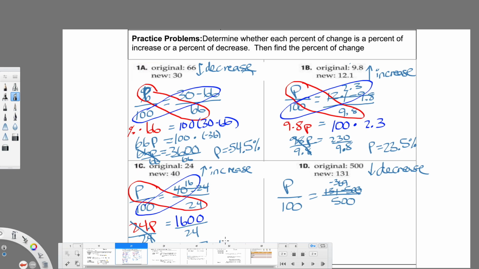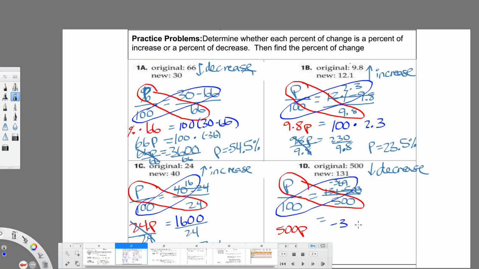All right, so now we can start doing our cross multiplication here, right? So we'll have P times 500. So 500P equals, and we're going to have 100 times negative 369. So that's negative 369. I wrote that a little high, but that's okay.